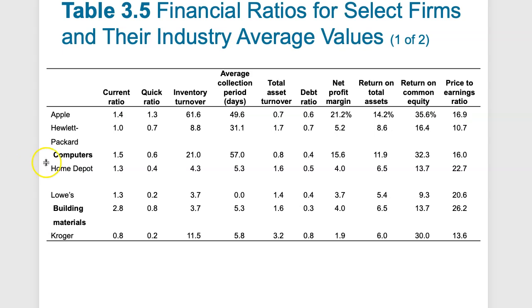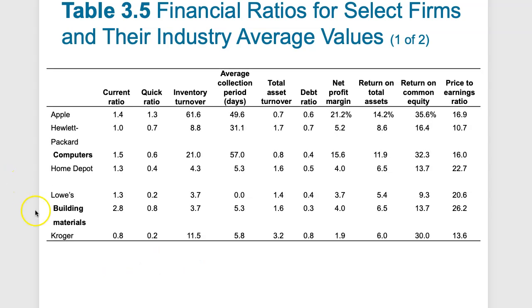Okay, so if we look at the computer industry, this is Apple, Hewlett Packard. We could look at the retail building, home improvement, Home Depot and Lowe's, so we can get an idea of how their different ratios measure up across the board, and which companies are doing better, which companies are doing worse.